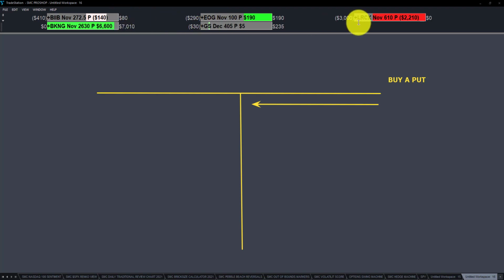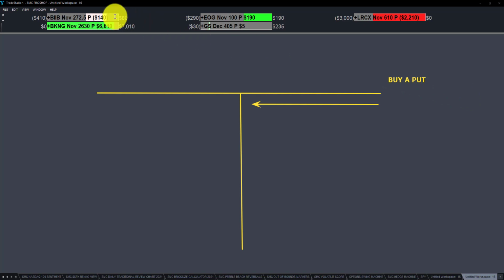And Lam Research has actually defied the probabilities and has gone a little bit higher, and therefore my put has lost value. I've lost value in time, and the price direction has continued outward. It's become even more euphoric.